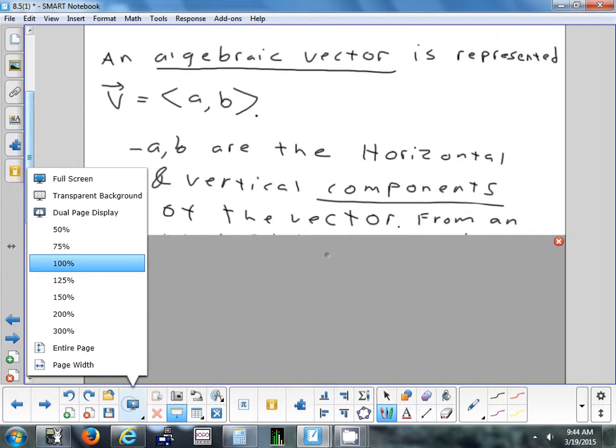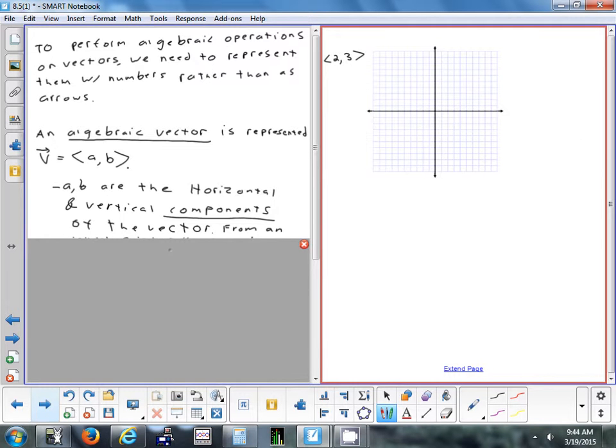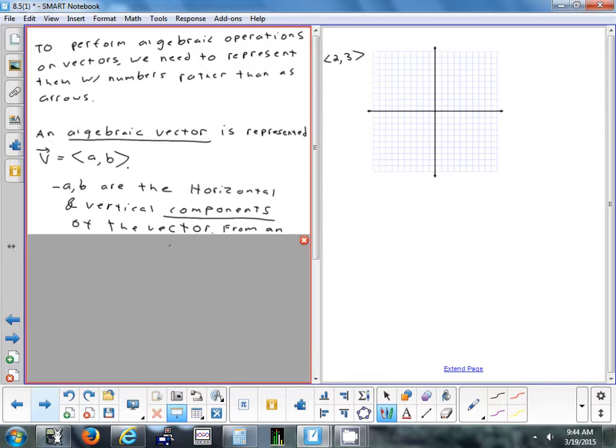Okay, so let me show you an example. Suppose you had the vector [2, 3]. All that this means is you're going to draw a vector that has a horizontal component of 2 and a vertical component of 3. Is there a right or a wrong place to start from?